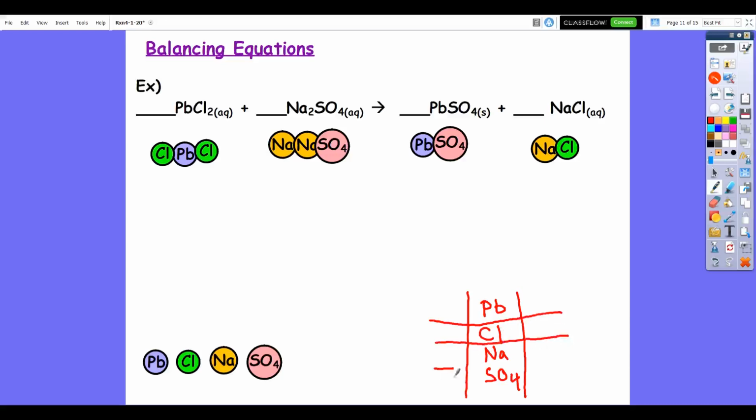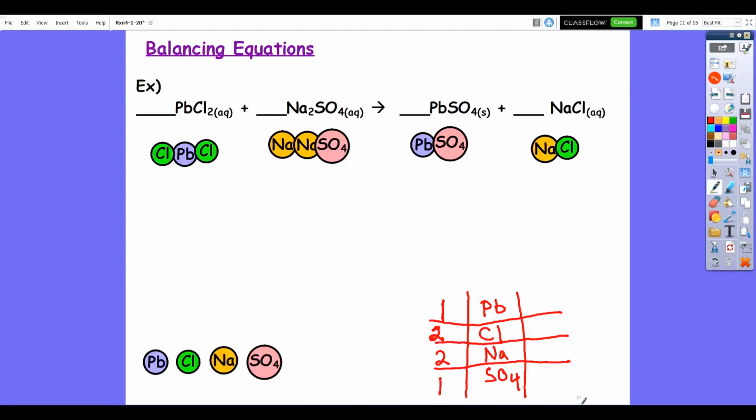It is surprisingly difficult to draw a straight line on a slate. All right, so to start, I have one lead atom. I have 2 chlorines. I have 2 sodiums. And I have 1 sulfate.